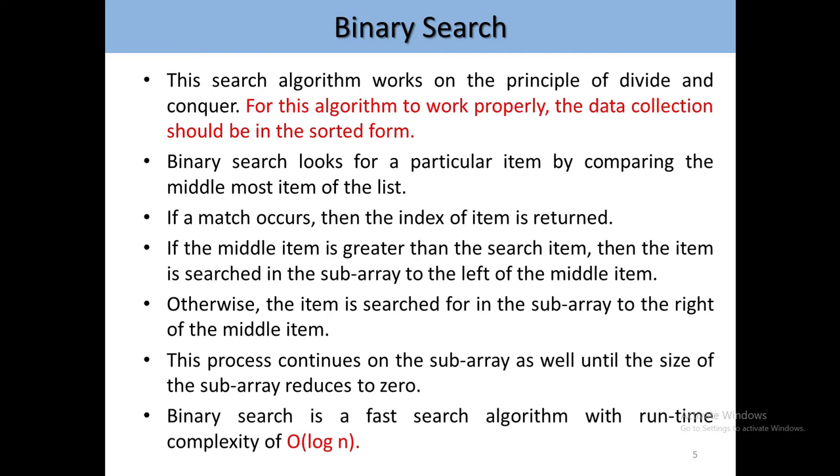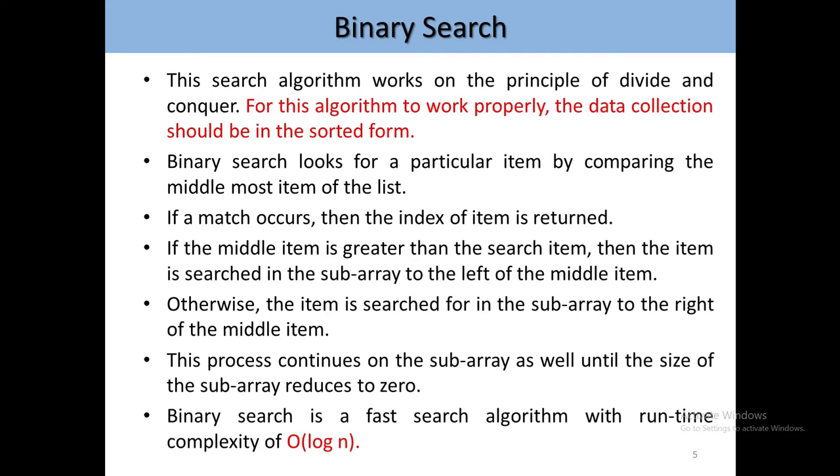If that search key is less than the middlemost element, then we will only concentrate on part number 1, that is from the lower element to the mid element, and we will simply neglect the second part, that is from mid to the upper limit.